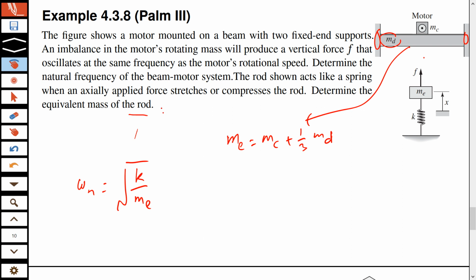Determine the equivalent mass of the rod. So the equivalent mass of the rod will be this term only. Remember, this ME is used in calculating the natural frequency, because natural frequency is of the overall system. But here, this last question is about the equivalent mass of the rod. Or maybe I don't know if it's a typing mistake from the previous.